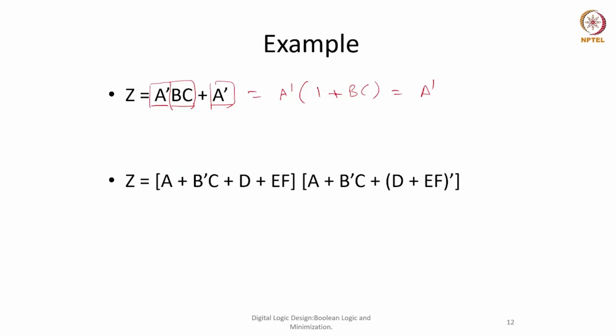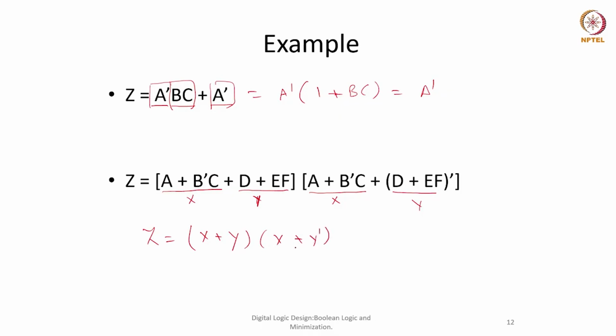Now if we have something bigger like this, what we see is that this part, let me call x, is also present in a similar form here, and d plus e f I see here. So this I can call y, and this is also y. So I can write this whole z equal to x plus y, and then x plus y dash.